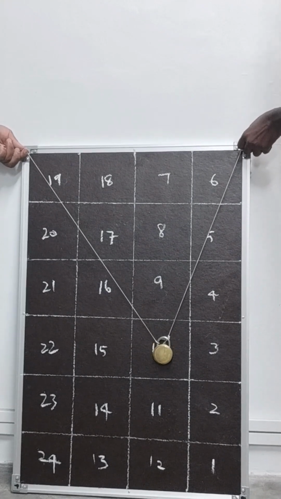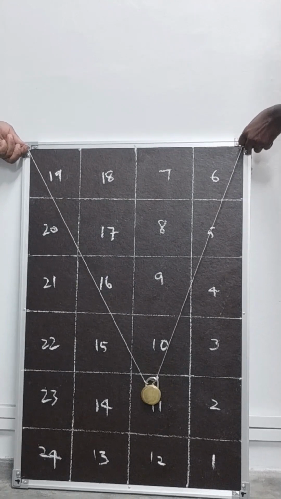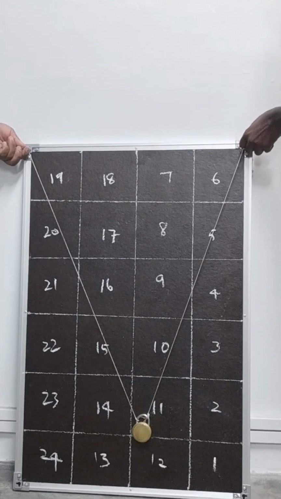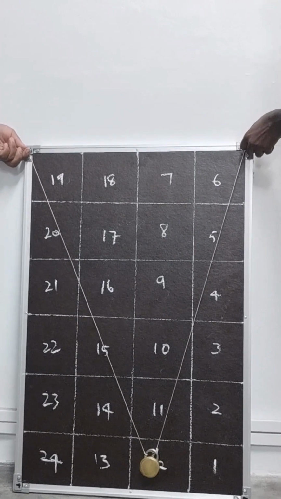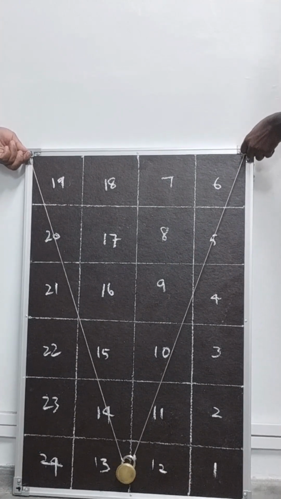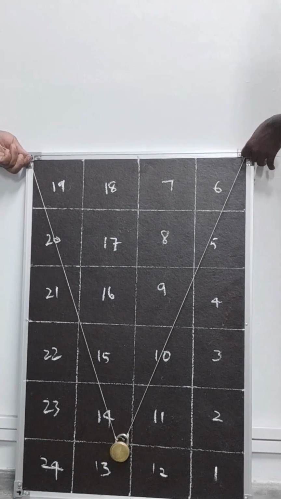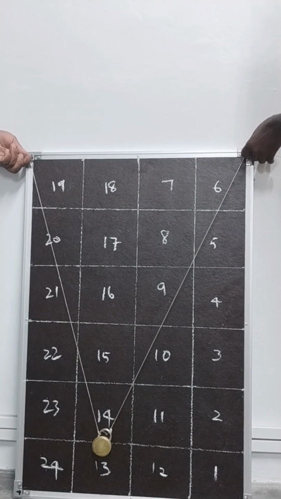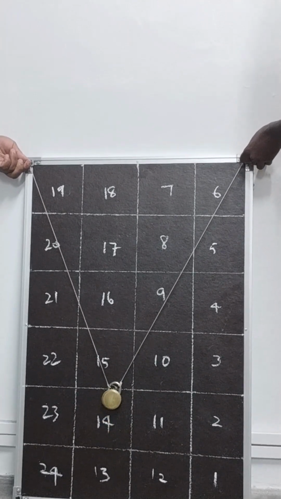Slowly it is coming to the 10th grid, the 11th grid, and then the 12th grid. From the 12th grid to the 13th grid, it is moving horizontally. Then it is moving vertically from 13 to 14, 15, 16, 17, 18. Vertically it is coming upwards.